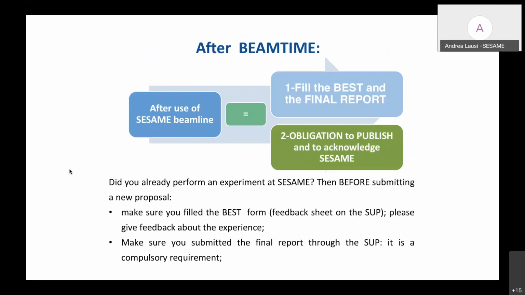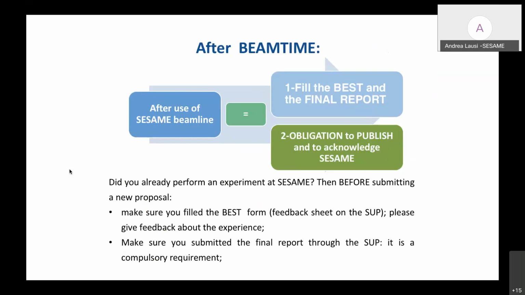The final report is a customer satisfaction report of your beam time. You will be asked how was the beam, how was the Beamline status, how was the level of support, how was the guest house, etc. This helps us in benchmarking our operation.